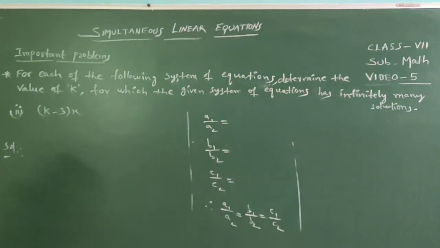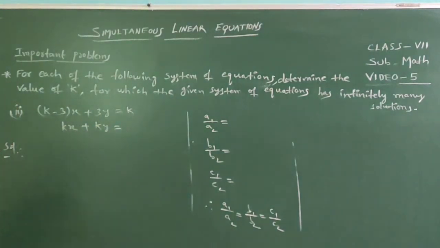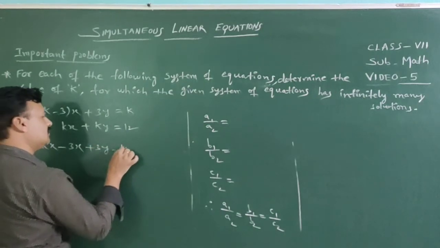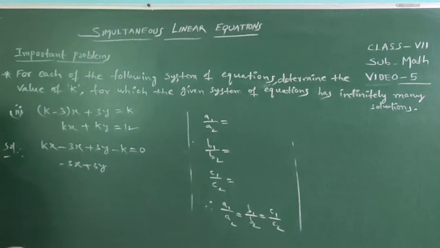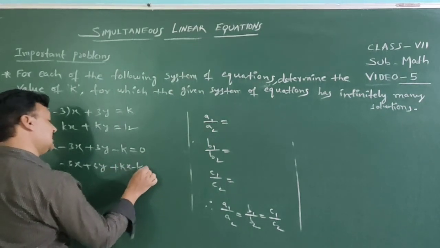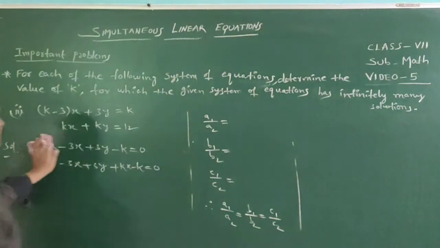(k minus 3)x plus 3y equals k, kx plus ky equals 12.